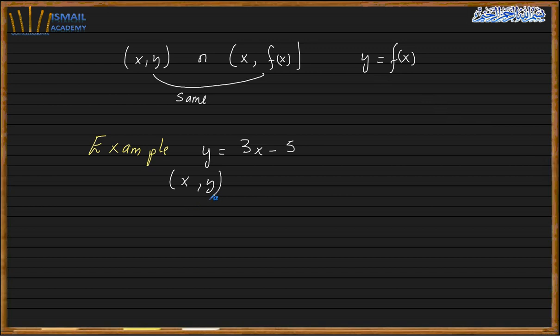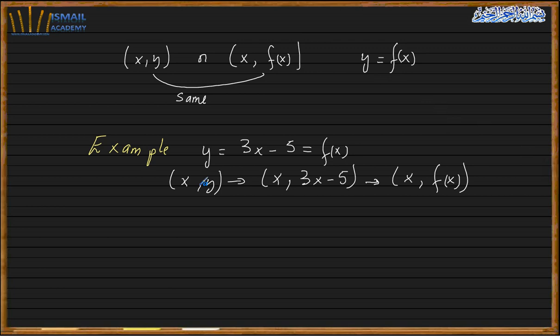But if I don't want to use the y in my solution, I can say it is the ordered pair x and I substitute y by this, which is 3x minus 5. Or you can say it is x, f of x, given that this is my f of x. So those are the different notations of the solution of this type of linear function.